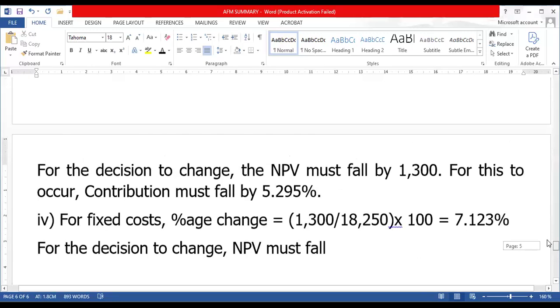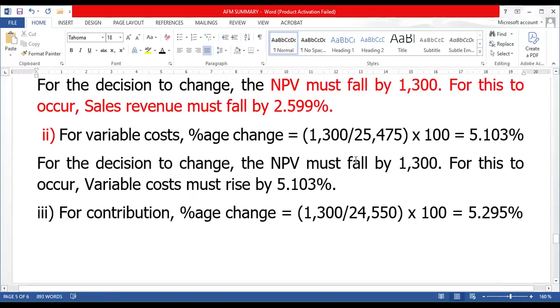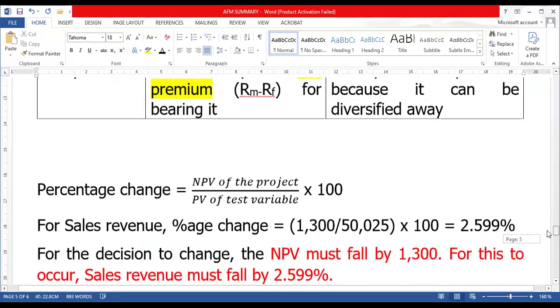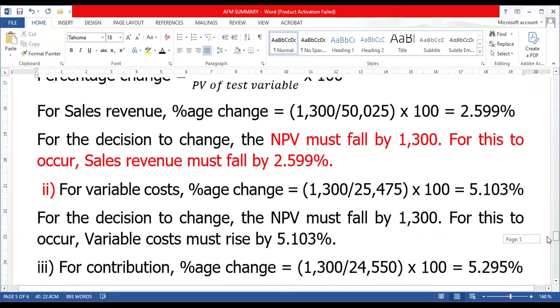If the initial NPV was negative, it means that the decision was not to undertake the project. So how can you change that decision? We expect the NPV to increase for that decision to change. So if the initial NPV was positive, then for the decision to change, the NPV must fall. But if the initial NPV was negative, then for the decision to change, the NPV must rise or must increase, depending on what you want to use.